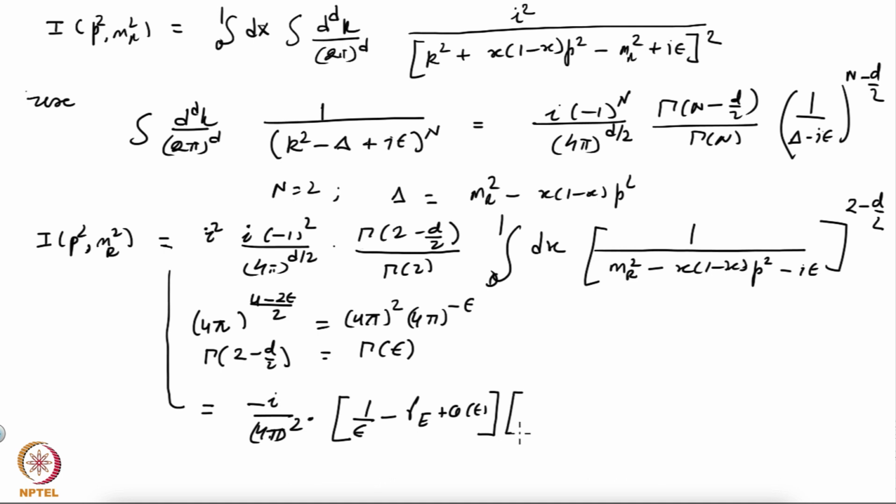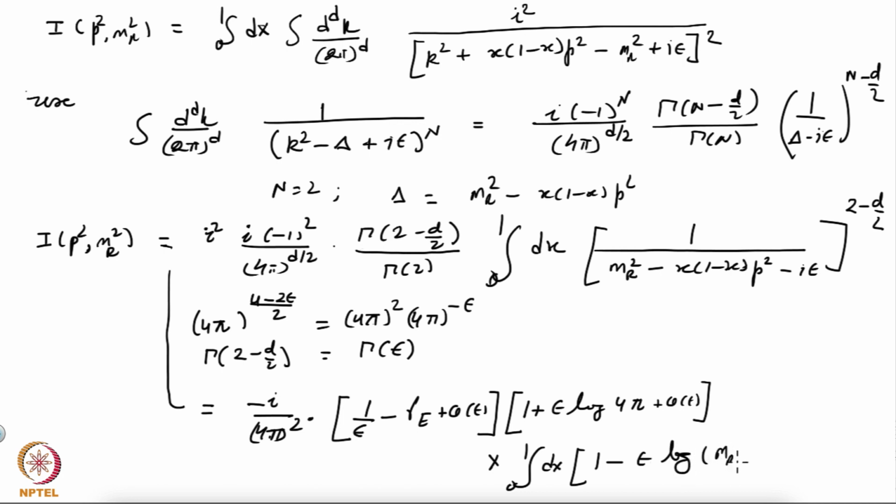Then you have, coming from (4 pi) to the epsilon, 1 plus epsilon log 4 pi plus again order epsilon term, times integral 0 to 1 dx, 1 minus epsilon log of mr square minus x(1 minus x)p square minus I epsilon, plus order epsilon square terms.